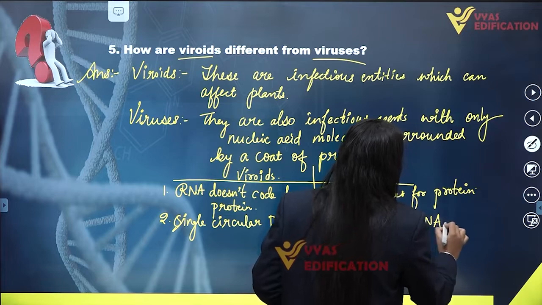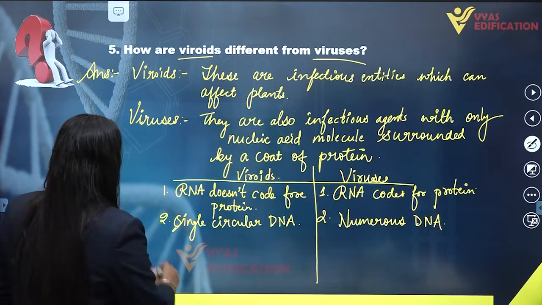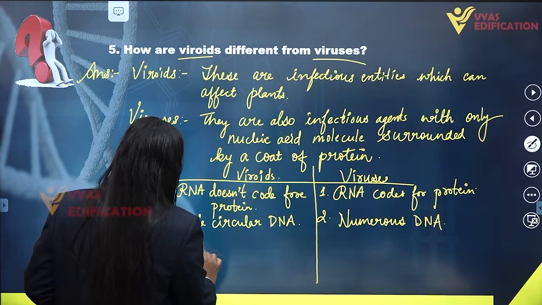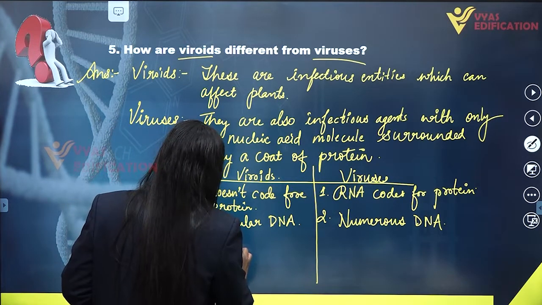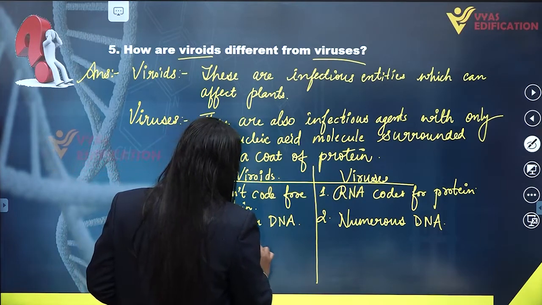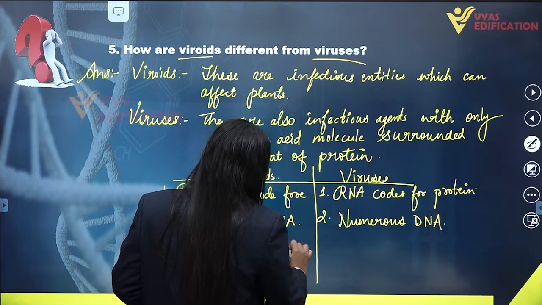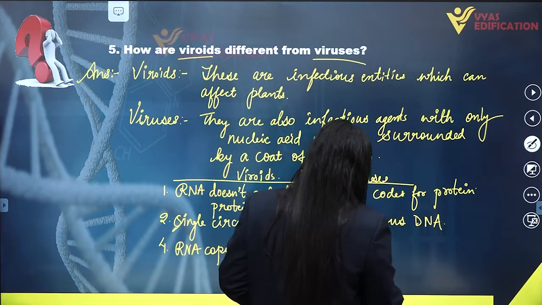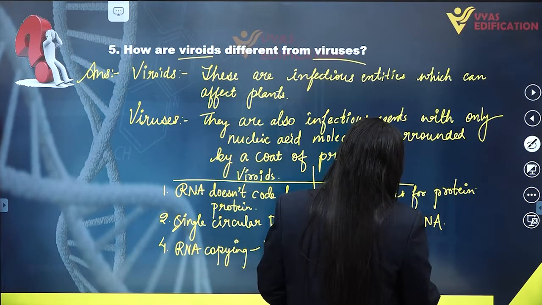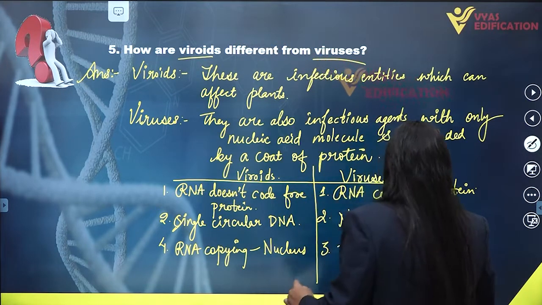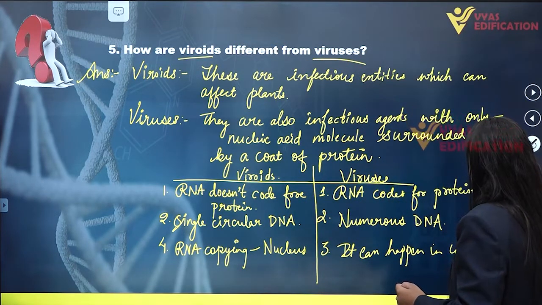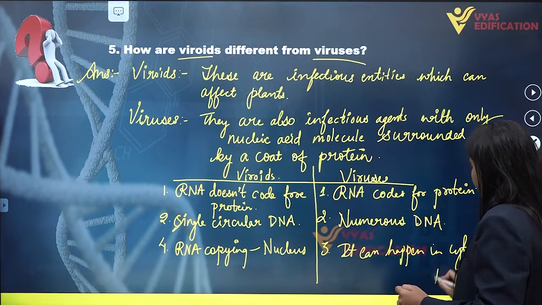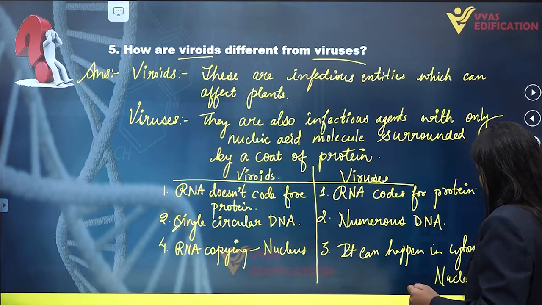Then RNA copying occurs only in the nucleus in viroids, and in case of viruses it can happen in the cytoplasm as well as the nucleus.